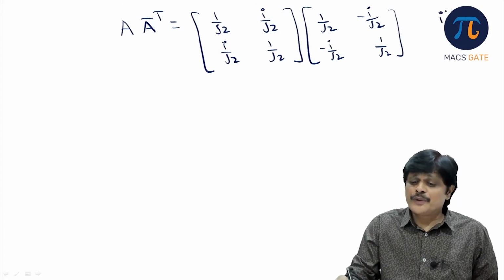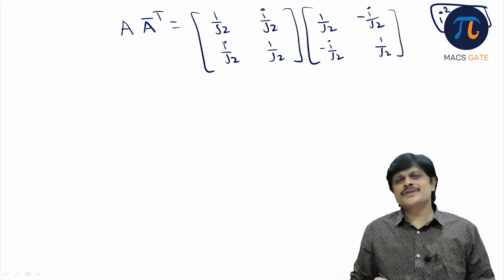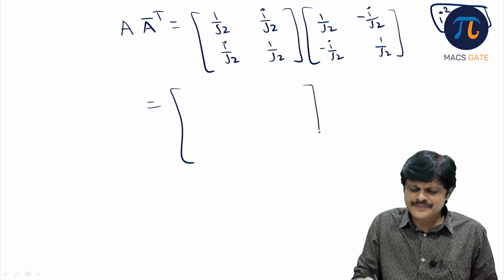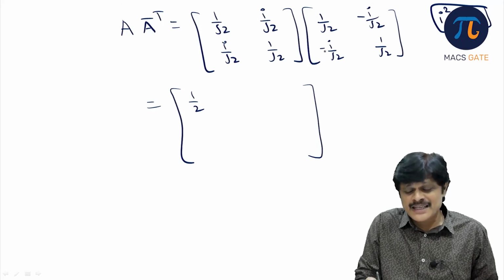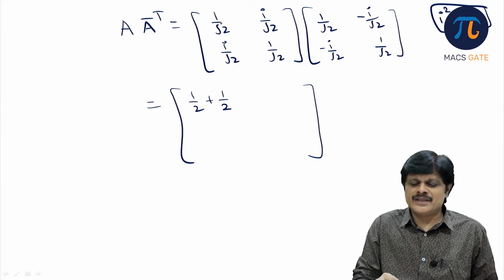And you all know this, i square is minus 1. Using this, you can multiply and get the answer. Or let us quickly solve this. 1 by root 2 into 1 by root 2 is 1 by 2. i square is minus 1, but minus i square means plus 1. Plus 1 by 2.